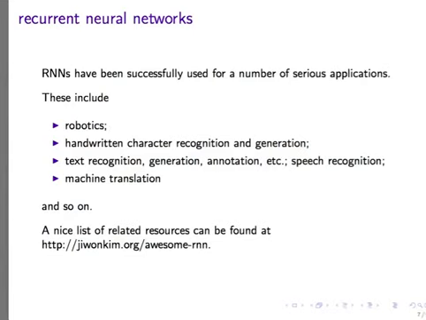RNNs are being used for speech recognition, text recognition, as well as generation, also for video annotation, for instance. Also, modern machine translation is mostly based on RNNs. And then, of course, they play an increasingly important role in robotics and start being explored for process control.